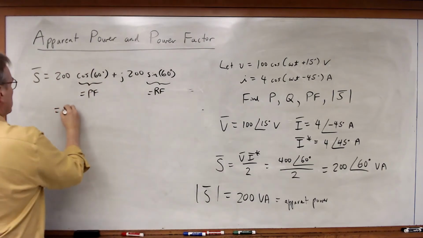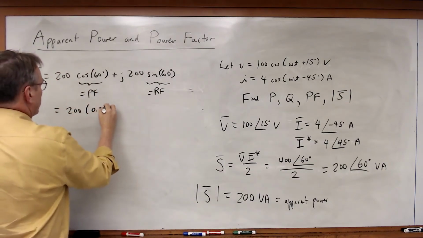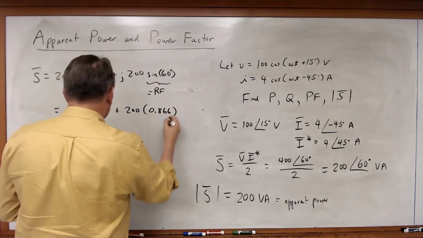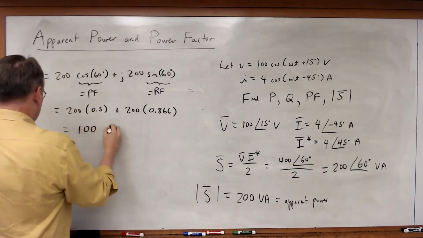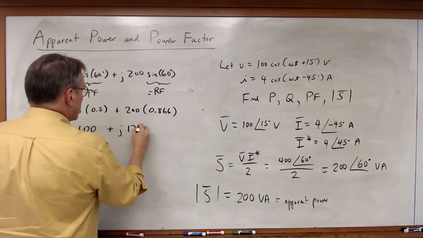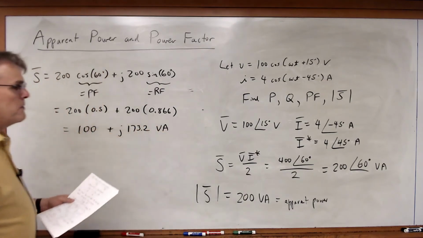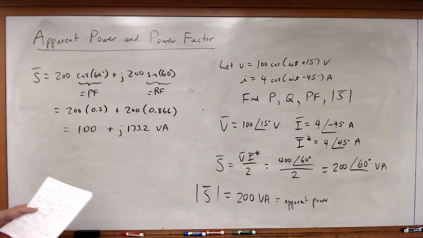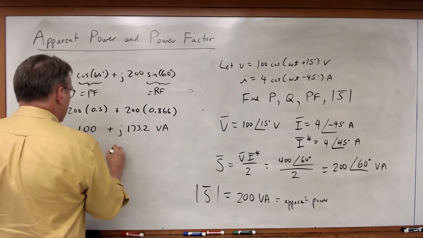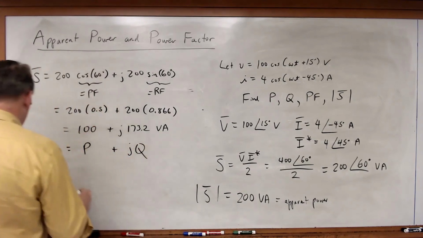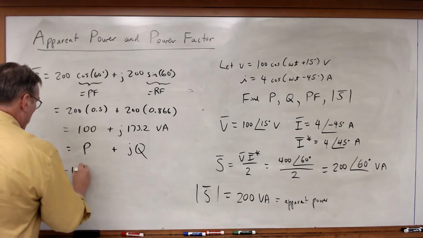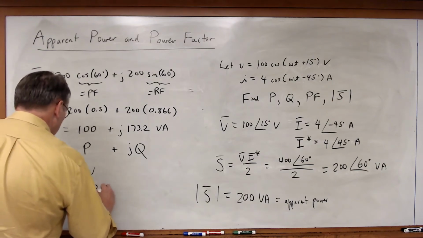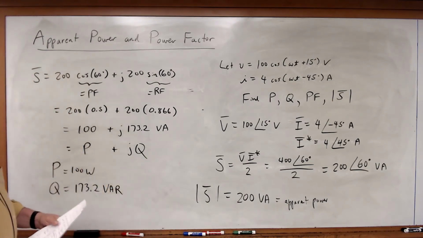And this is equal to 200 times 0.5 plus j 200 times 0.866, which is equal to 100 plus j 173.2 volt amperes. So I did nothing but take this and convert it directly into rectangular form. And this is equal to P plus jQ. And therefore, P is equal to 100 watts. Q is equal to 173.2 VARs.